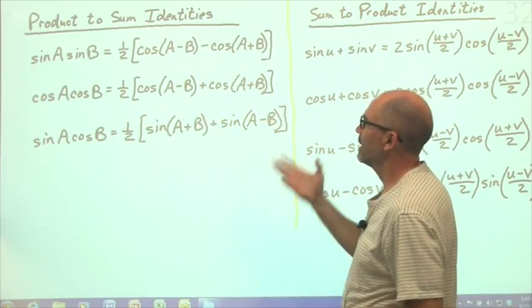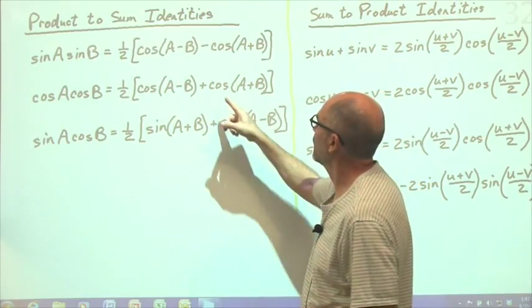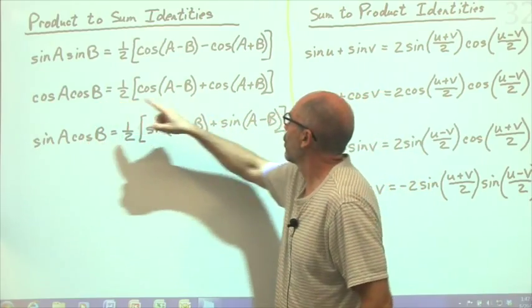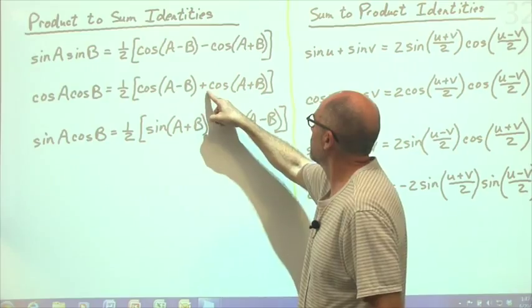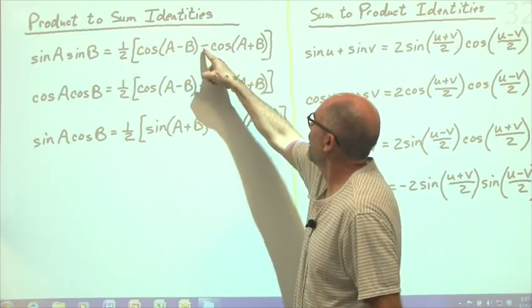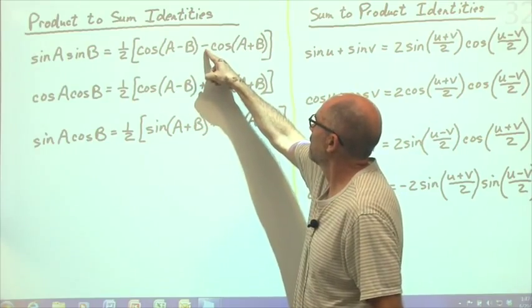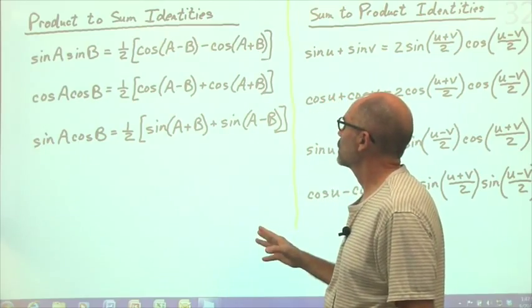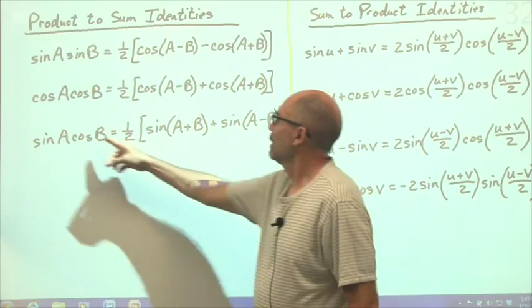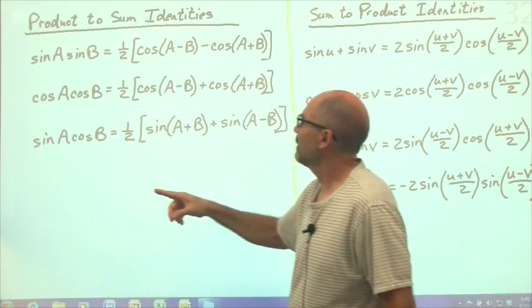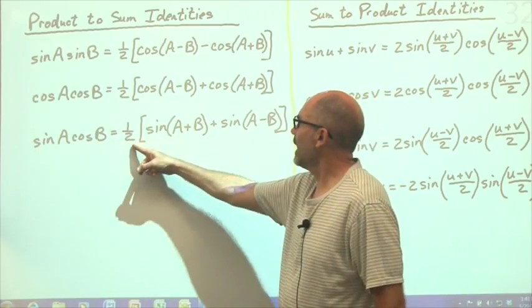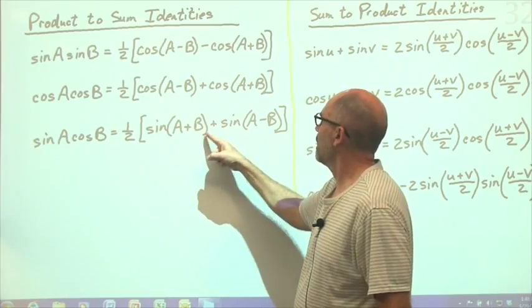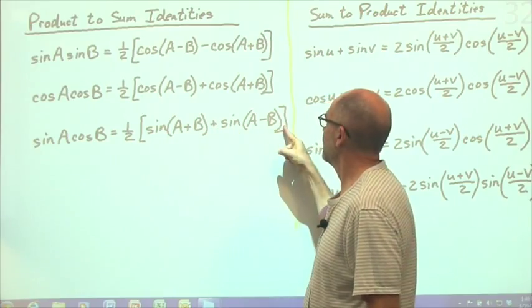Once again, this common thread we're seeing is cosine is the home court, so the cosine gets the plus, and the sine, being the visitor, gets the minus. Okay, now if you have one of each, sine A cosine B, then we've got 1/2 sine of the sum plus sine of the difference.